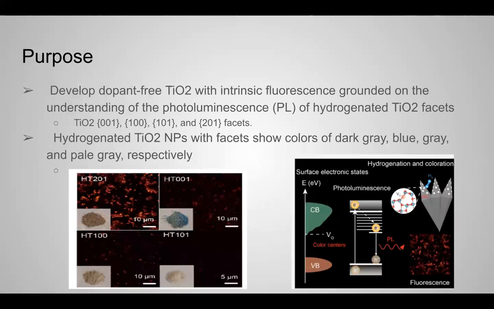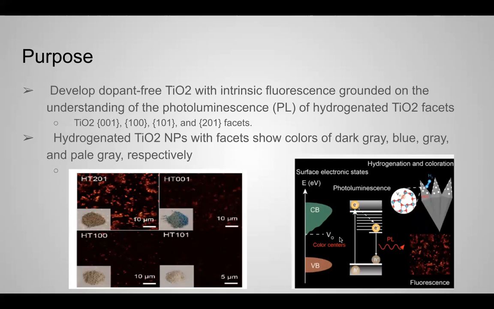So the whole purpose of this experiment was to develop a dopant-free titanium dioxide with steady fluorescence, grounded on the understanding of photoluminescence of hydrogenated titanium dioxide facets. The facets that were run were the 001, 100, 101, and 201 facets.